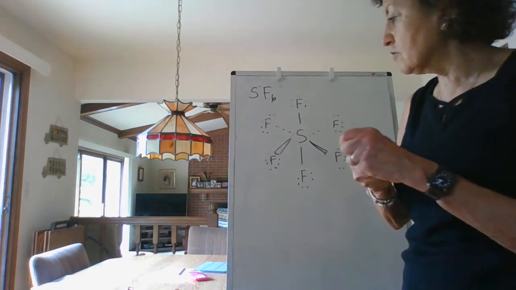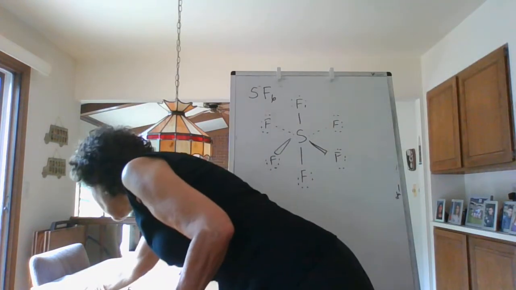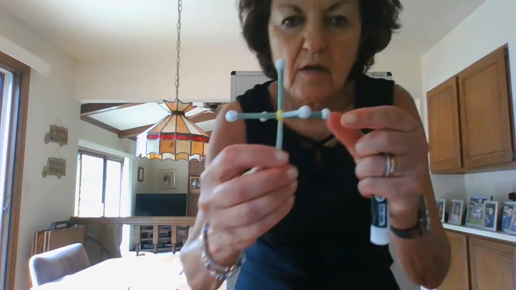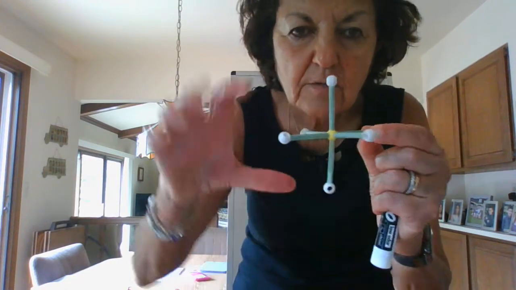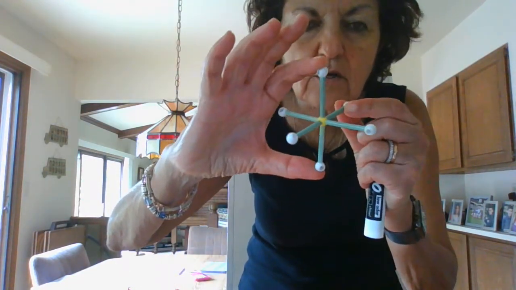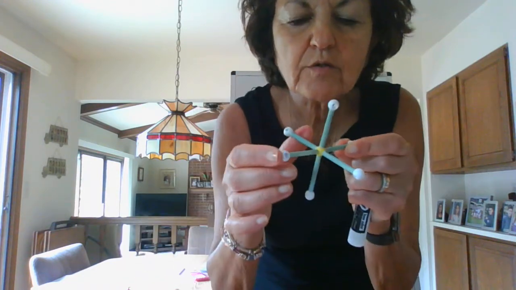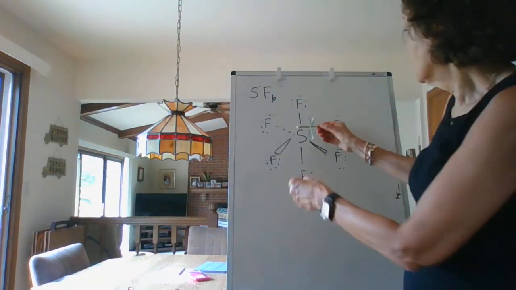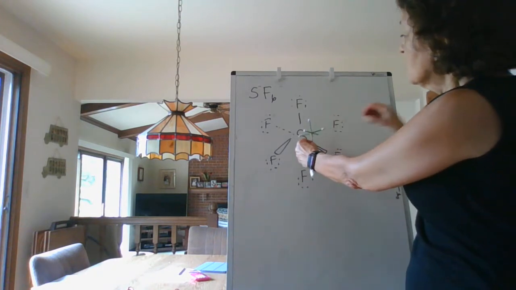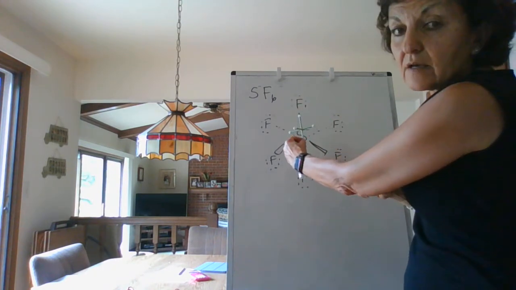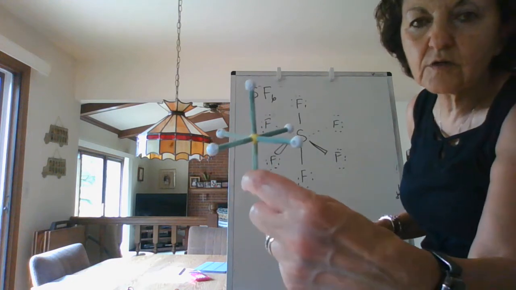Let me show you what it looks like. Here we go. Here it is. Sulfur hexafluoride. So these are my 2 axial ones, and these are my 4 equatorial ones. There we go. These are the 2 coming out. These are the 2 going in. This is what it looks like. Okay?